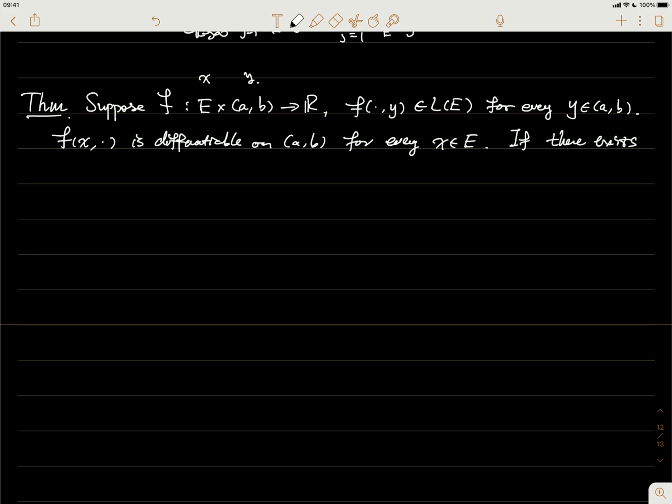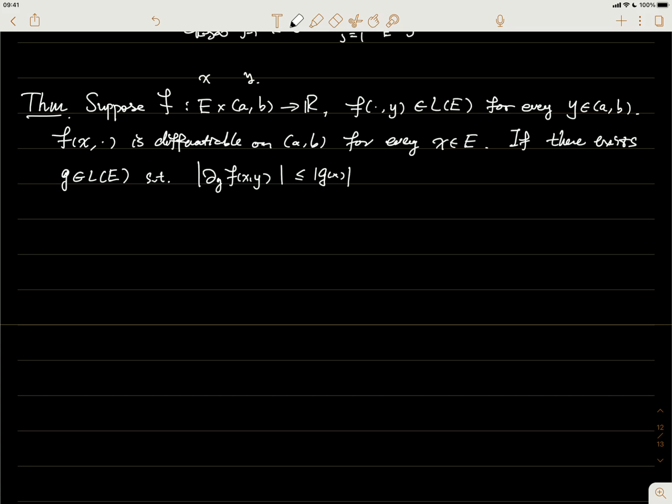And the next, which is the key to dominated convergence, is that there exists a function g defined over E and integrable over E, such that the partial derivative of f with respect to y, for any y, is bounded by g(x).